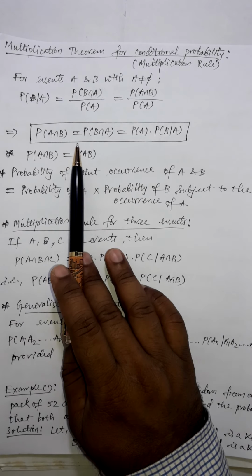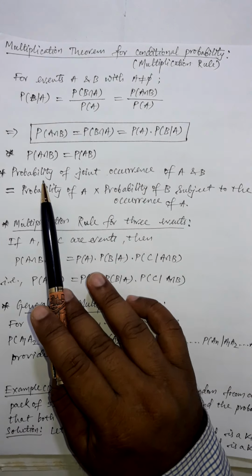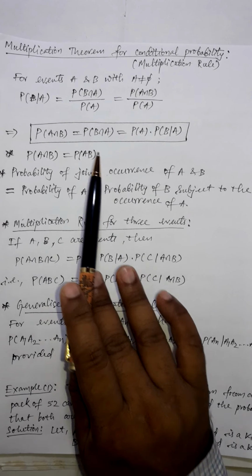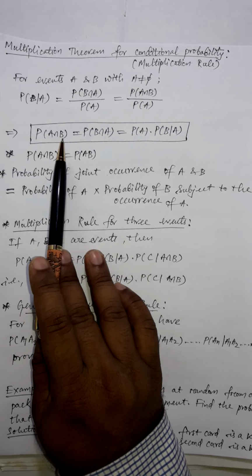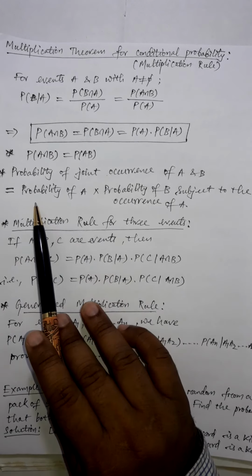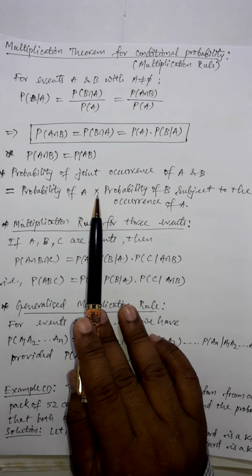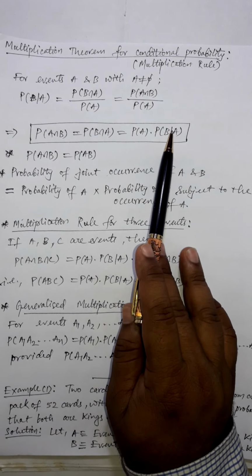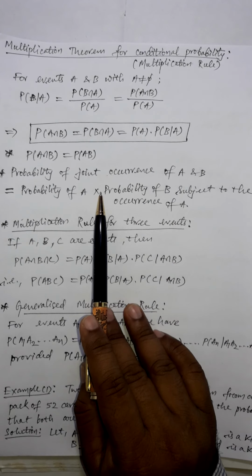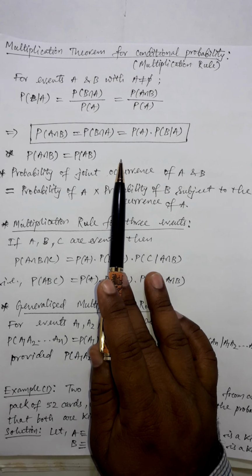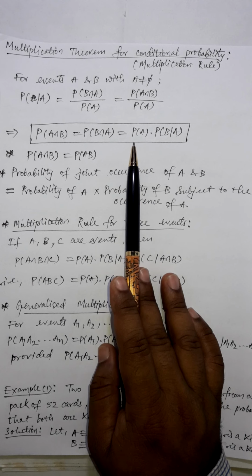Okay. Now to represent it verbally, we can say that the probability of the joint occurrence of A and B, that means the probability that A and B both will occur together, is equal to the probability of the event A multiplied with the probability of the event B subject to the occurrence of the event A. This is the verbal meaning of this multiplication rule.